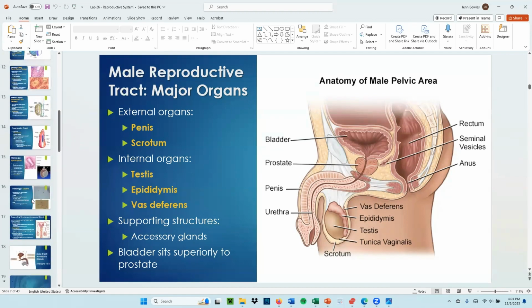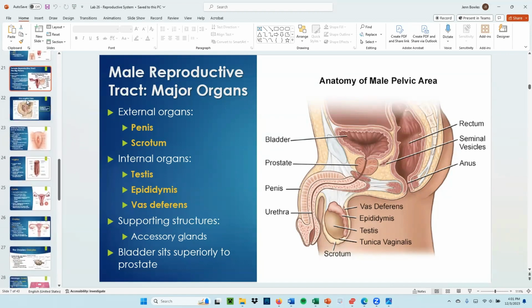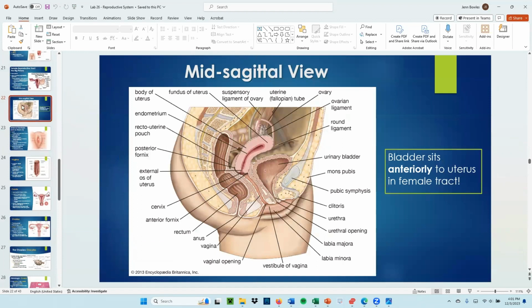Whereas in the female model, the bladder sits more forward, so it's more anterior. Same deal here, a lot of people will confuse the uterus with the bladder or vice versa. So it's important to know the bladder sits more forward in the female model and it sits above stuff in the male model. And then this, of course, is going to mirror rectum and anus.